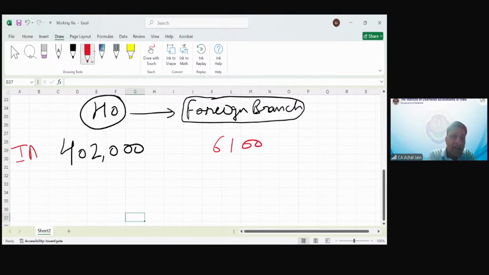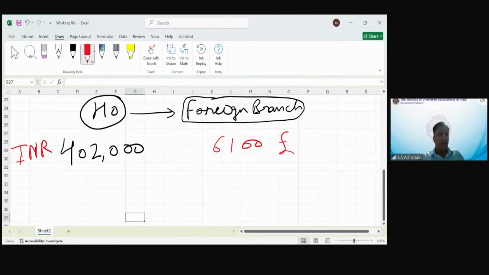So this is INR and this is pound. Now, let's suppose you convert this 6,100 using the closing rate. What do you get?